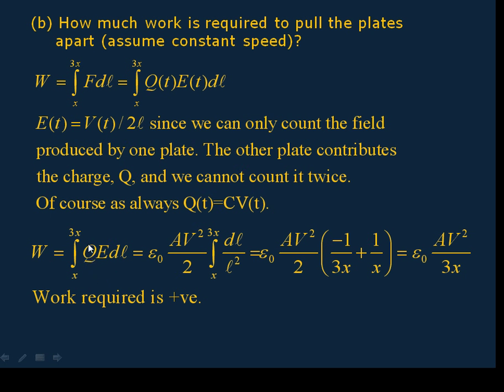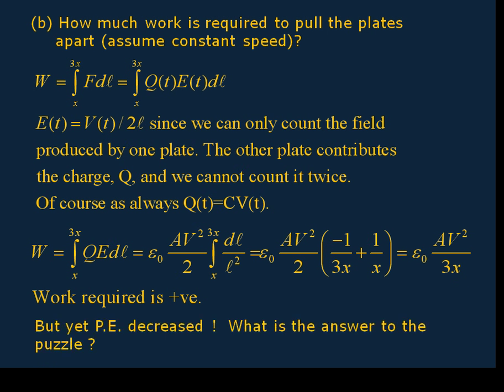So Q equals C times V, so we substituted that here. You simplify all of this and you get the work done is 1/3 of epsilon 0 A V squared by x. So the work done is positive, in contrast to the previous case where it was negative.